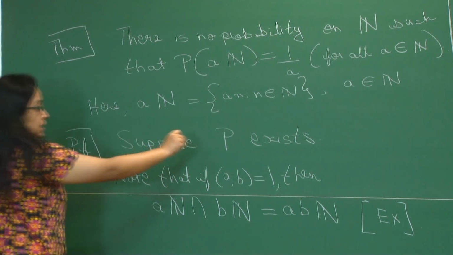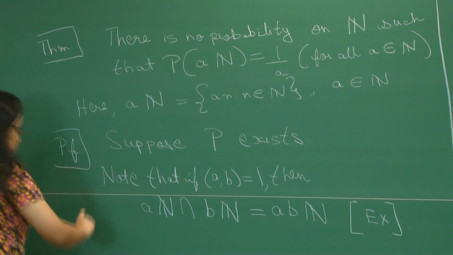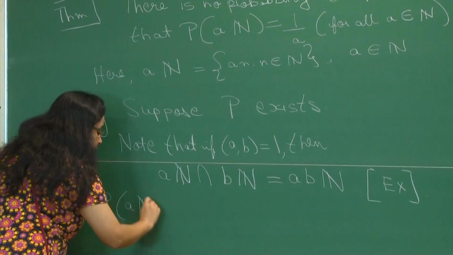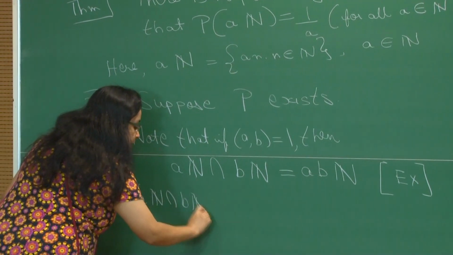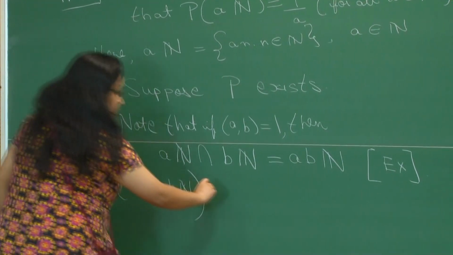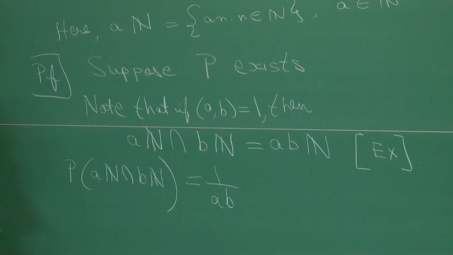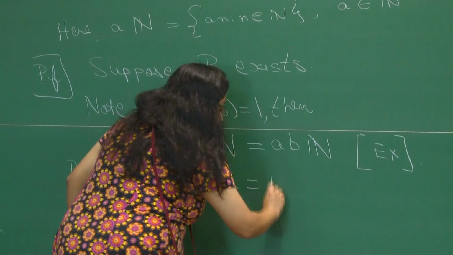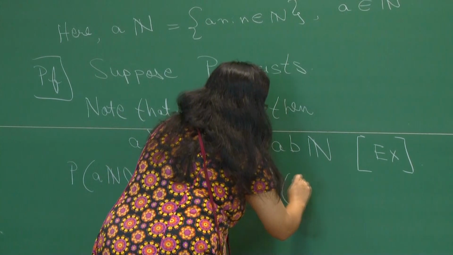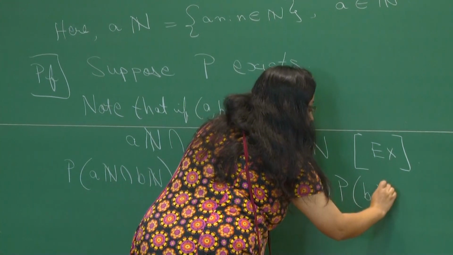Now, note that we have assumed that such a probability exists. So, P of aN intersection bN is therefore equal to P of abN, which is 1 by ab by our assumption, which in turn is equal to P of aN times P of bN.